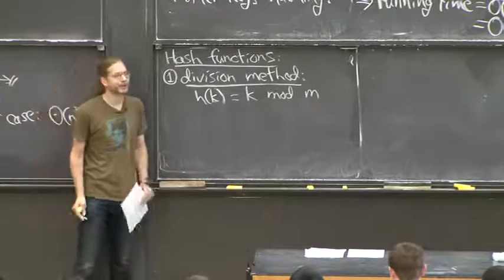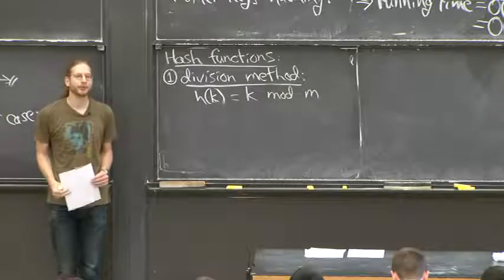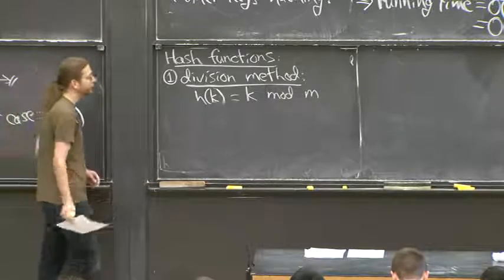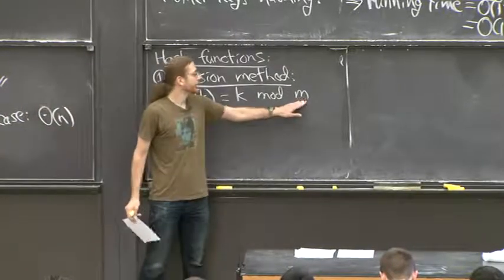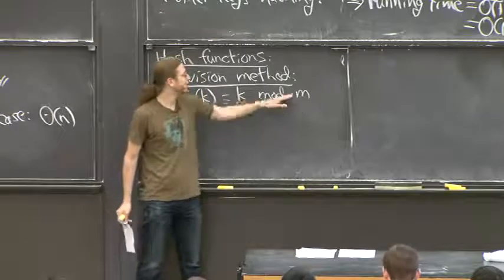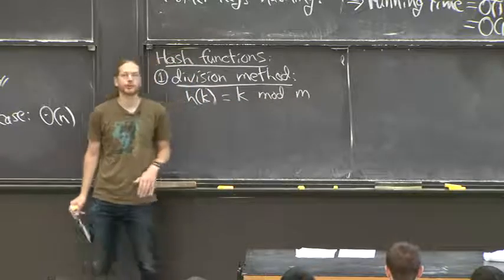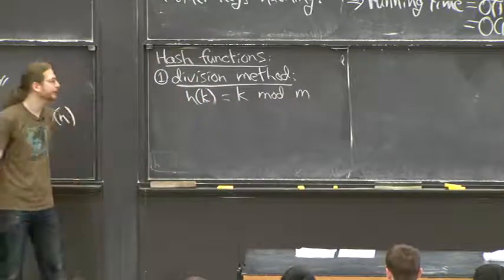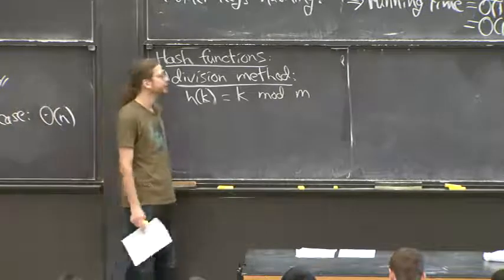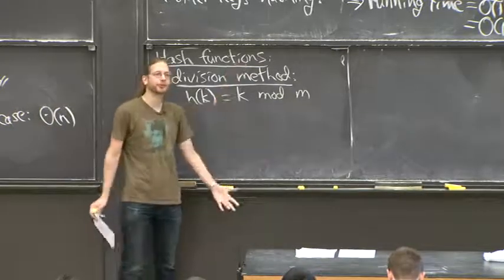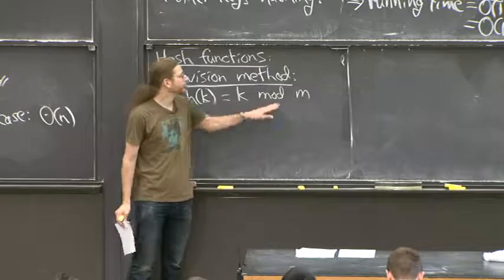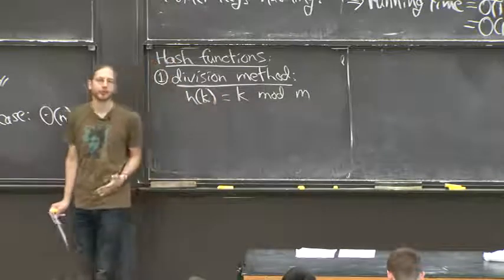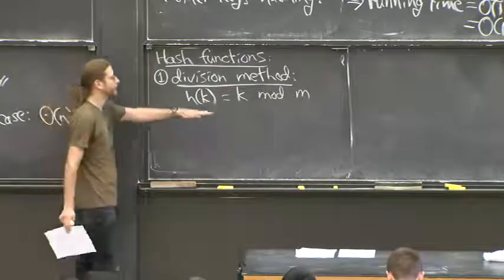I'm not going to tell you in detail why this is a bad method. Maybe you can think about it. It's especially bad if m has some common factors with k. Like let's say k is even always, and m is even also. Because you say, oh, I'd like a table the size of a power of 2. That seems natural. Then that will be really bad because you'll use only half the table. There are lots of situations where this is bad.